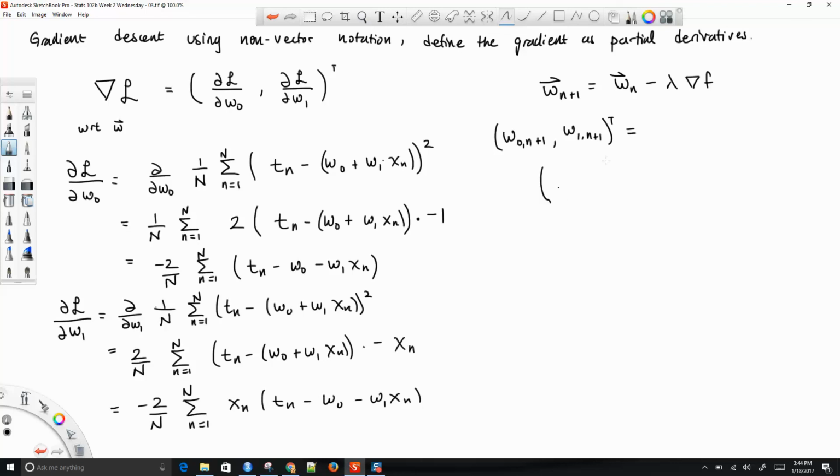It's going to be our current W0 at time n minus lambda times this whole business here, the partial of L with respect to W0. And then the next point will be W1 at n minus lambda with the partial with respect to W1.